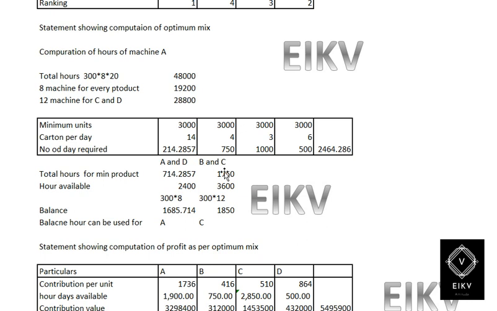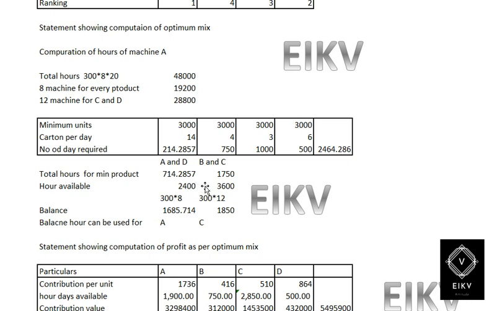It is just adding product A and product D, and then product B and product C. So days available: available days will be 2400 and 3600, which means 300 into 8 and 300 into 12, giving the total days for each section of machines.